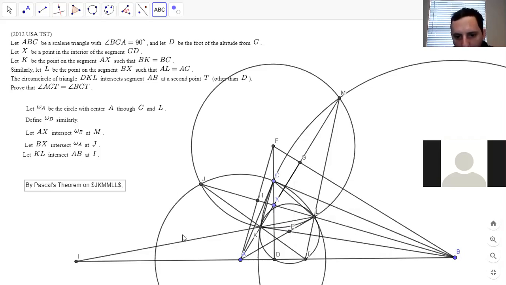Okay, so we know EK and EL are tangents. Then we can probably use some theorem to show that X, E, and T are collinear. I think it's just Pascal's theorem, right? You can use polars to prove that X, E, and T are collinear.